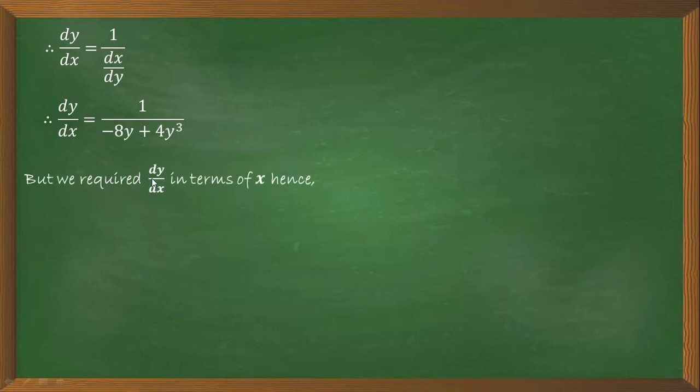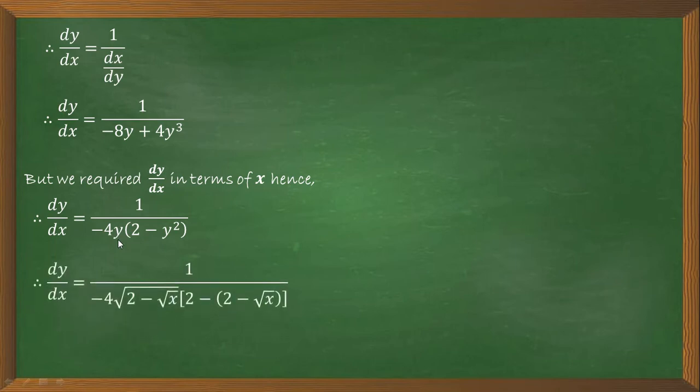But we require dy by dx in terms of x, because the original function, y is equal to root of 2 minus root x, is in terms of x. So we further change this derivative like this: dy by dx is equal to 1 upon, taking minus 4y common, into bracket 2 minus y square.